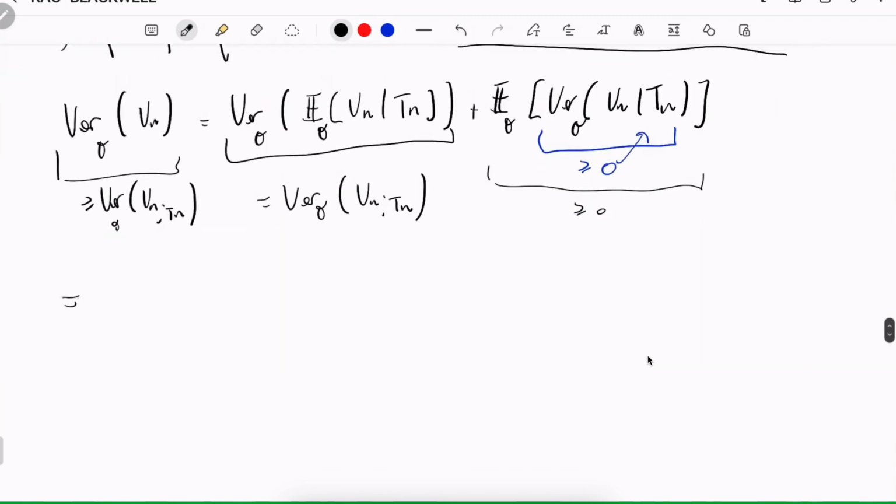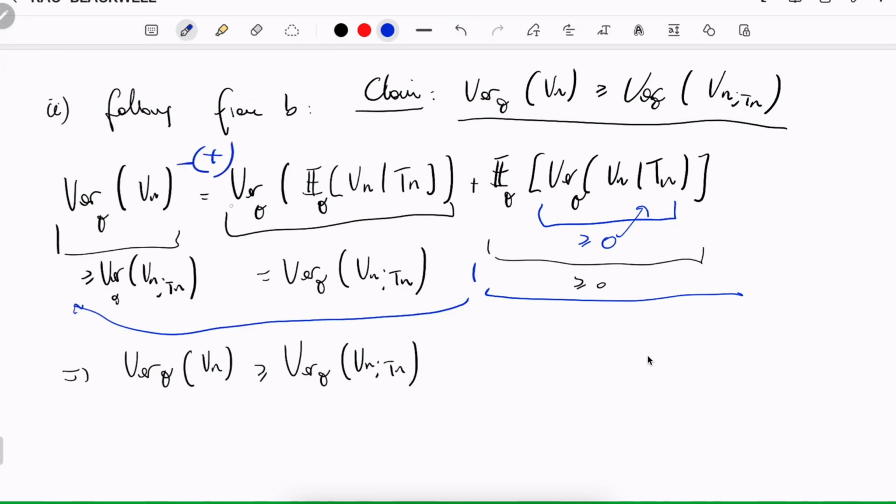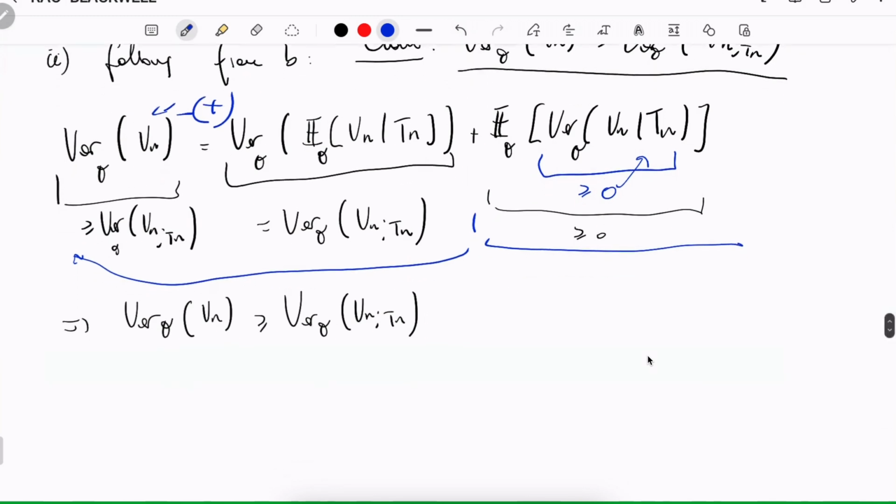Hence, they're equal. If you bring this to this side, you're subtracting something positive. So this one hence is less or equal than this quantity, hence the thesis.